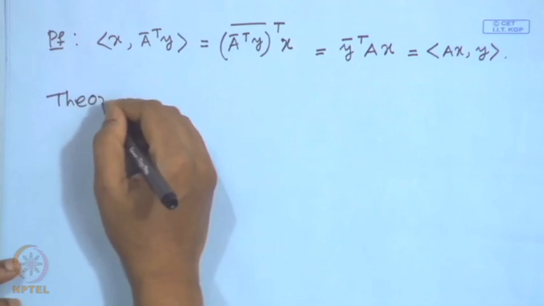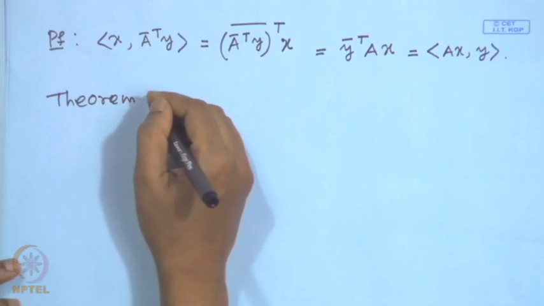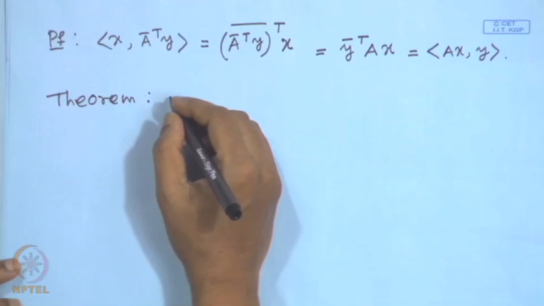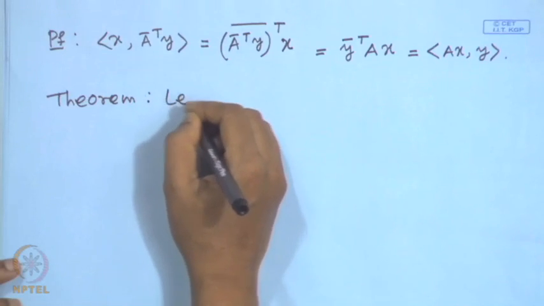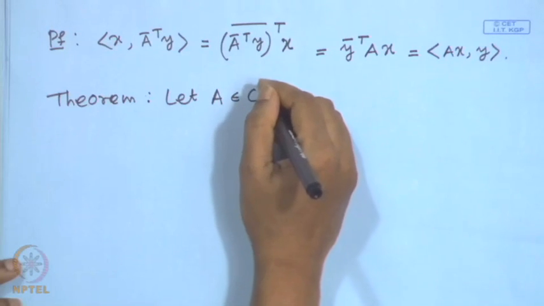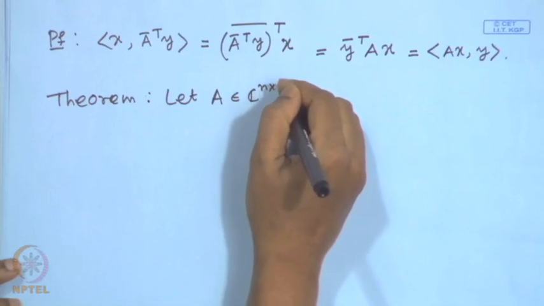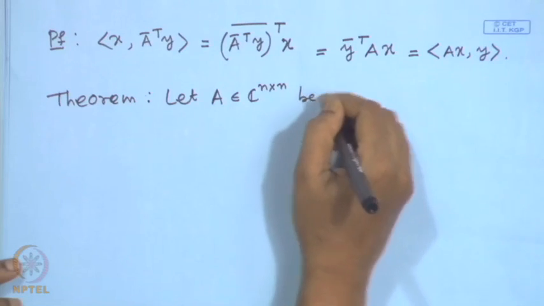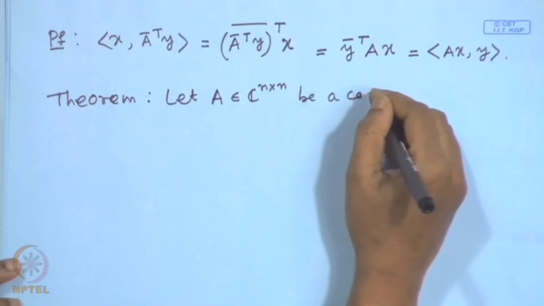this theorem. It says: let A belonging to C n cross n, an n by n square matrix with complex entries, be a Hermitian matrix.